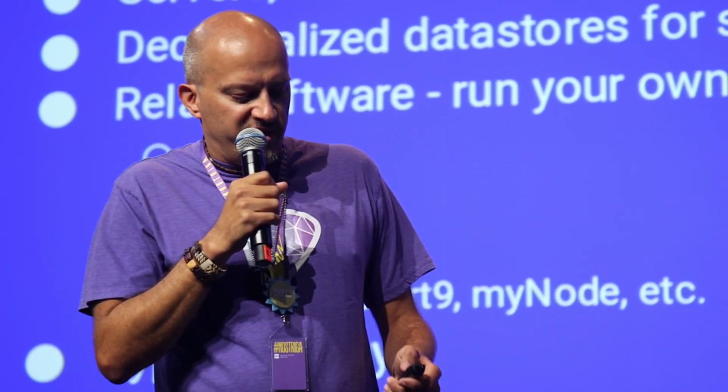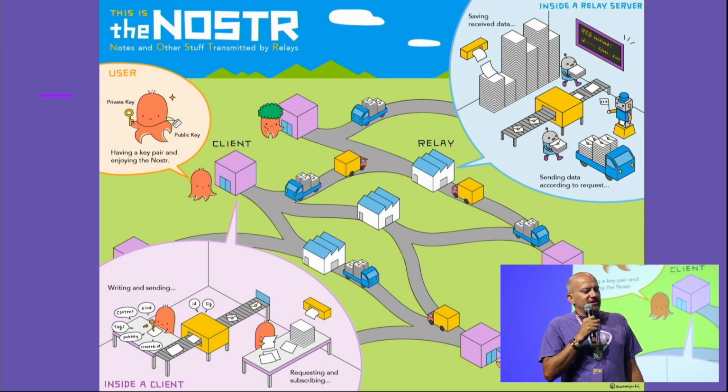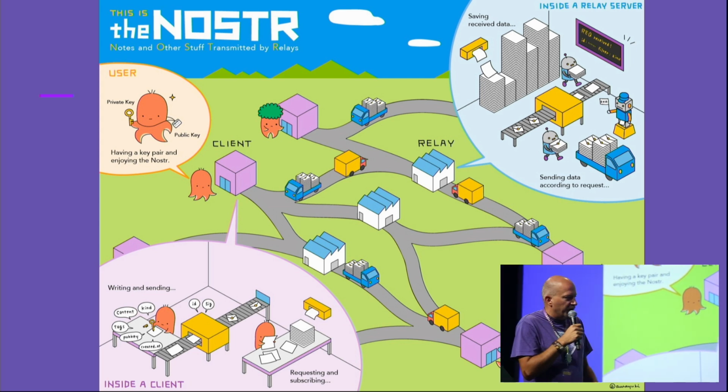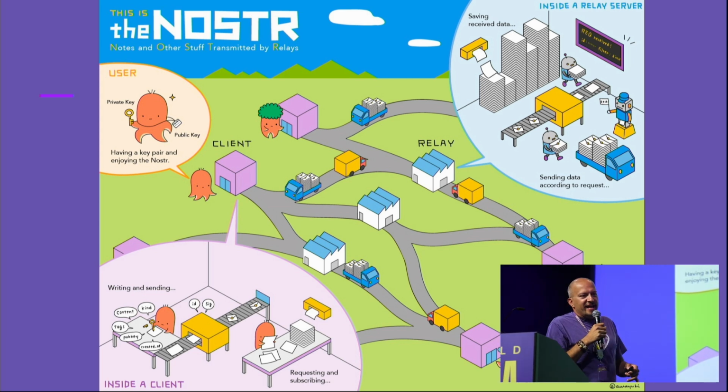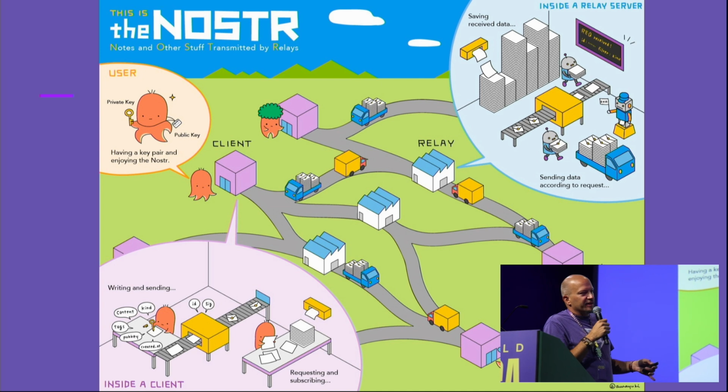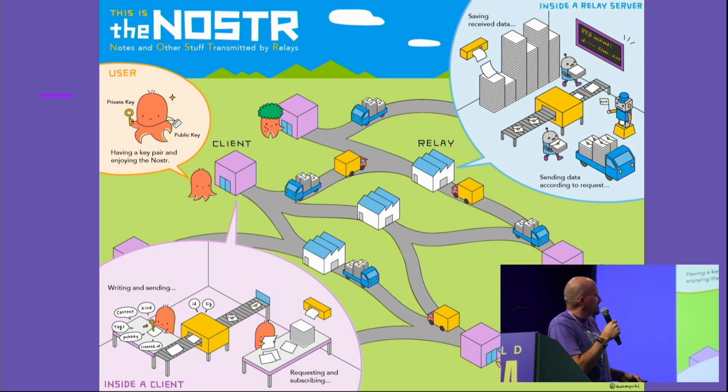Like I said, more on relays. There are several other relay talks over the next 2 days. This is a graphic that was designed by a Japanese Nostr user that depicts what's going on here. We have relays that are sending and receiving data from various clients, and clients are connected to various relays.